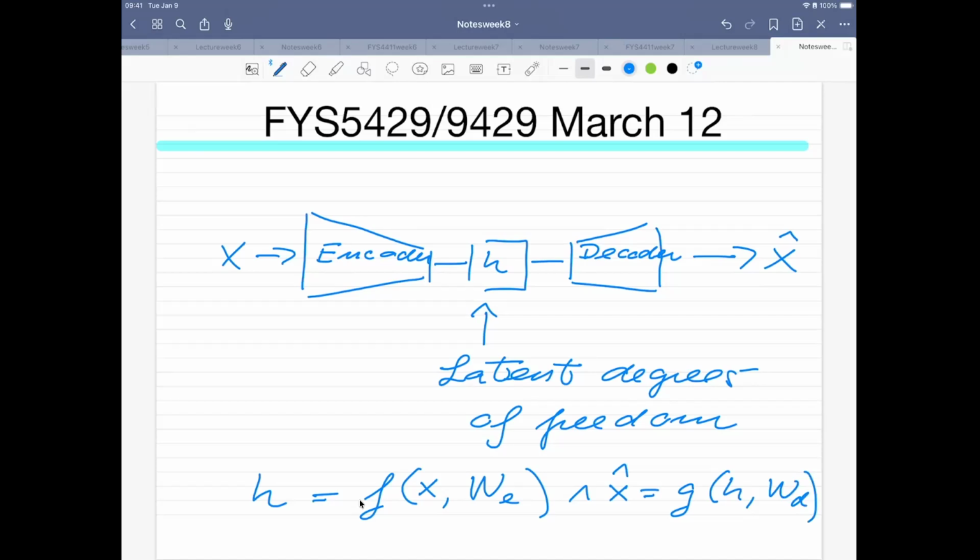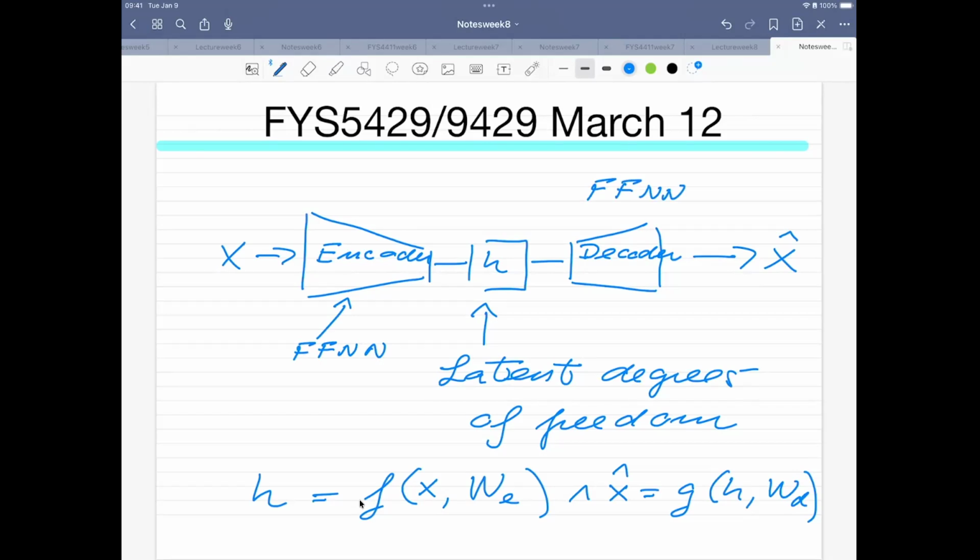So you can think of WE, if this is now a feed-forward neural network, then what normally happens in an autoencoder is that these networks are symmetric. So you could think of having less and less nodes so that you output some specific dimensionality here, say you have 10 nodes.